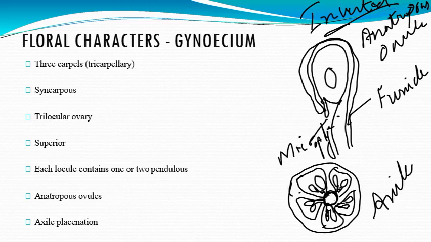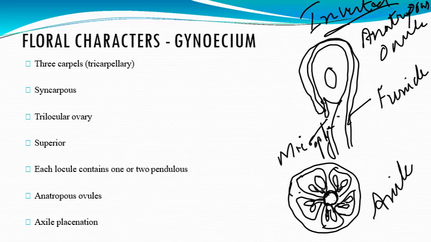Next we have the placentation. The position of placenta is axial. It means the ovules are attached to the inner wall of the ovary by special tissue that we call placenta.